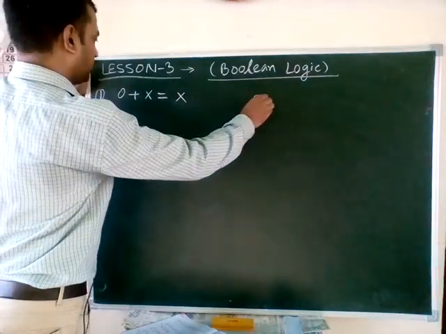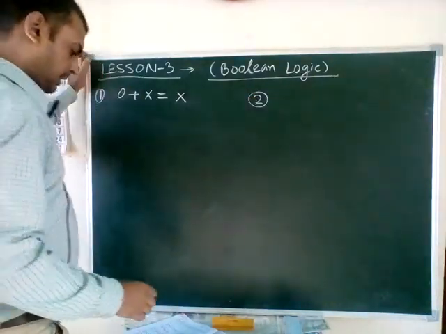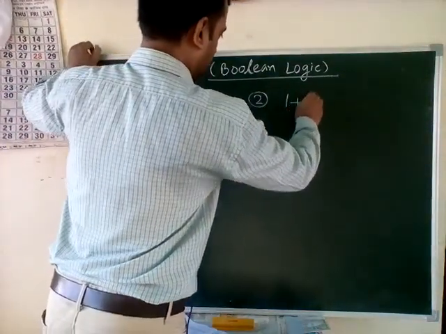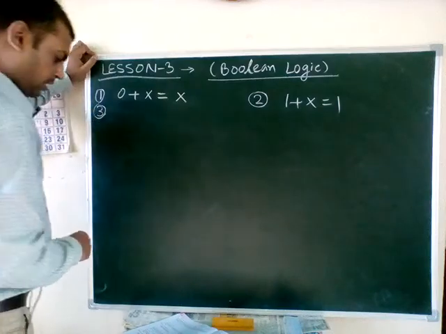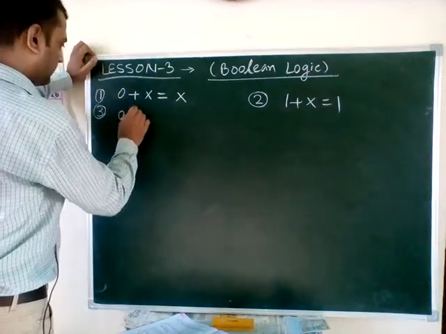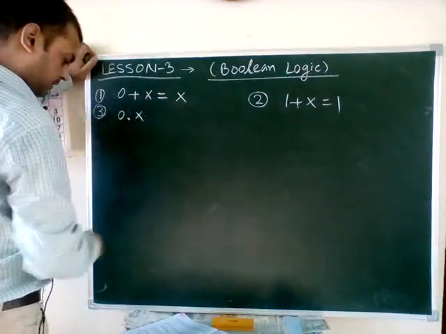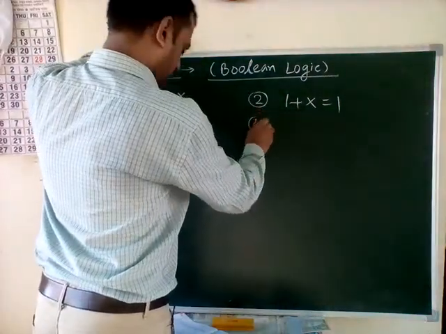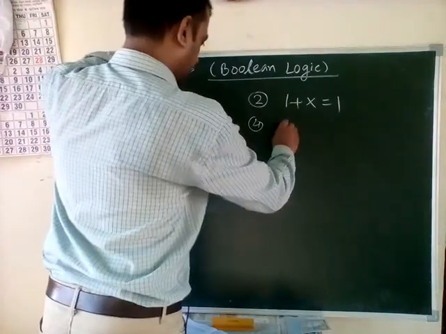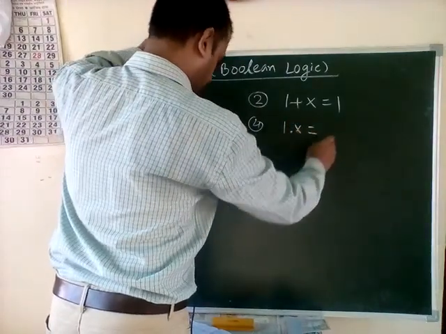Then number 2, 1 plus x is equal to 1. Number 3, 0 into x is equal to 0, and number 4, 1 into x is equal to x.